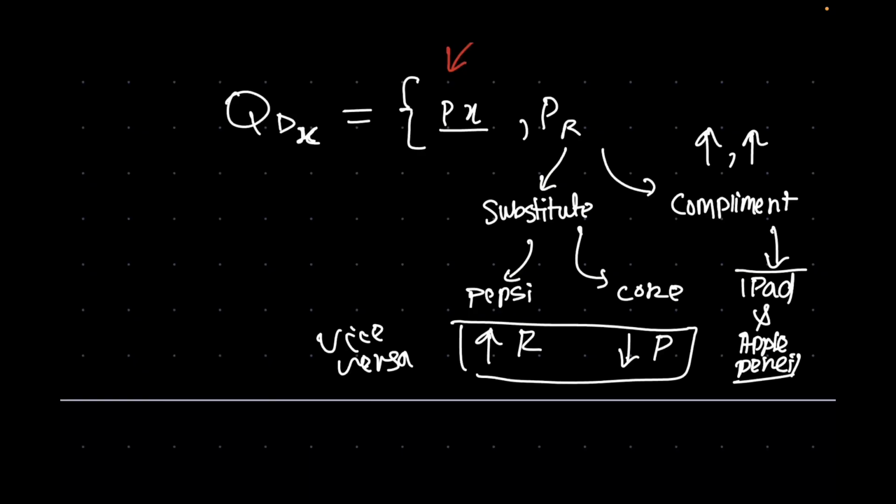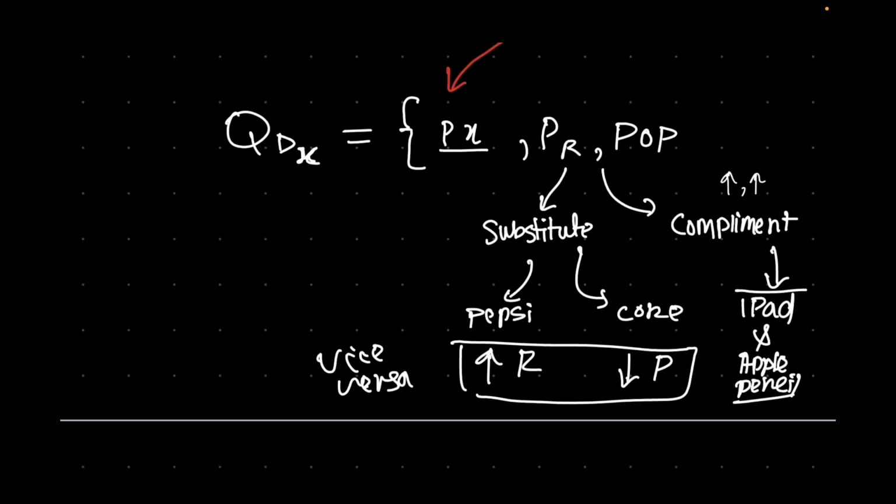Now, the next part of the formula is something important and something that is related to population. So I name this POP. So when the population of a country increases, the chances are that the demand is going to increase because now you have a wider base of customers that can buy the product. The next factor is tastes and preferences.